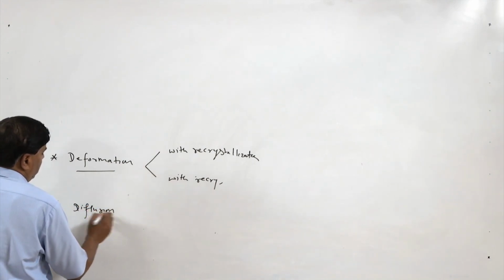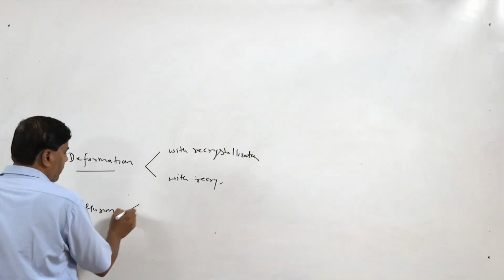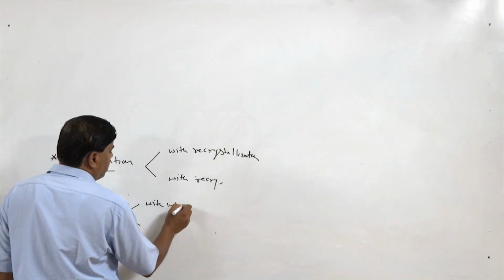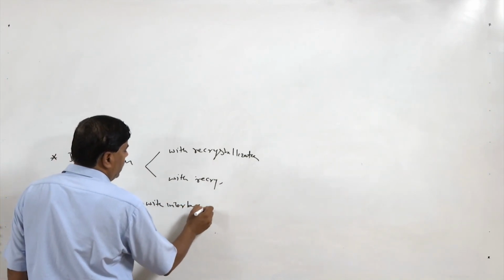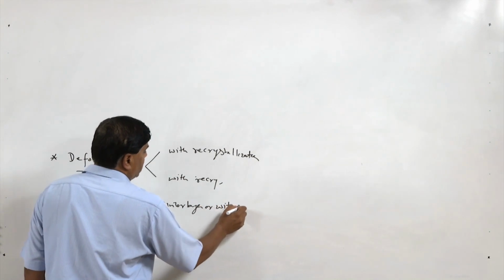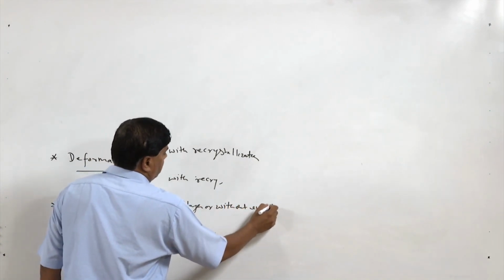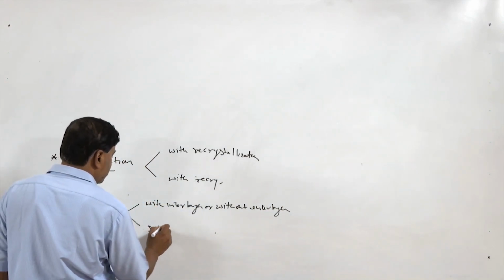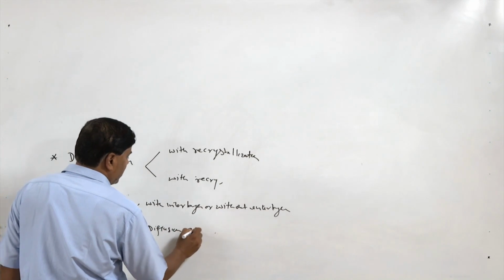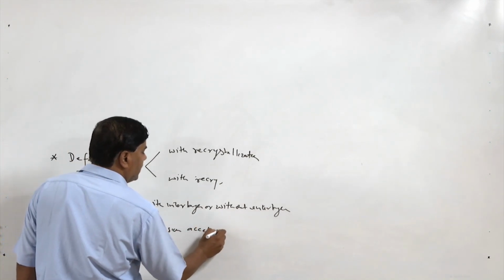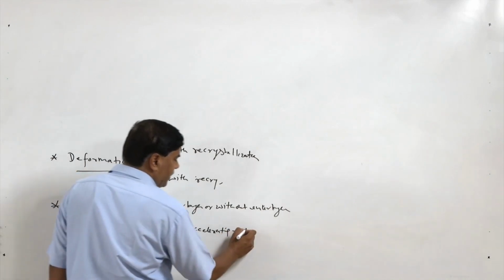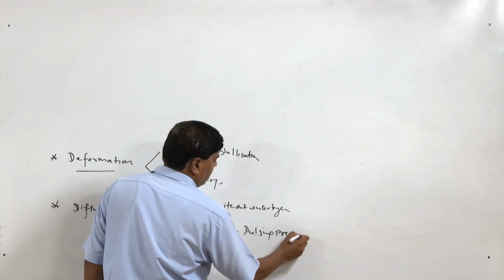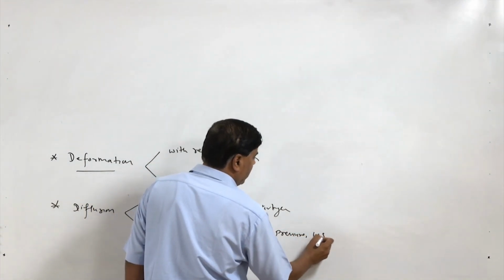The second one is the diffusion, the diffusion at the faying surfaces, which may be done with interlayers or without interlayers. And here sometimes diffusion accelerating approaches are used, like pulsing pressure or ultrasonic vibrations.